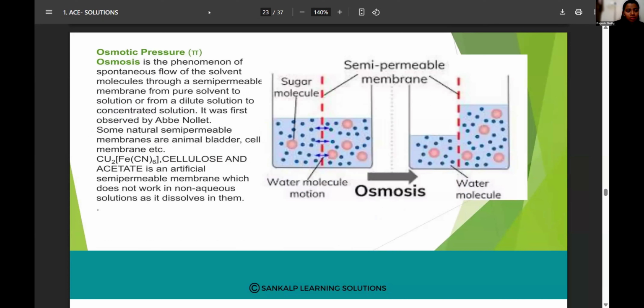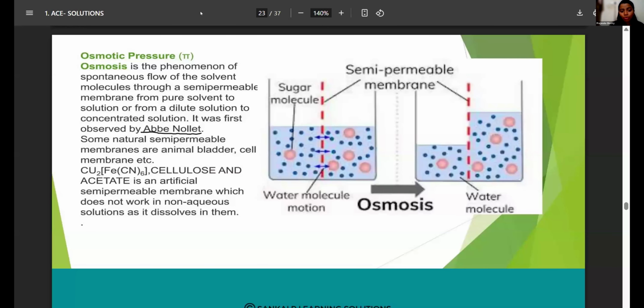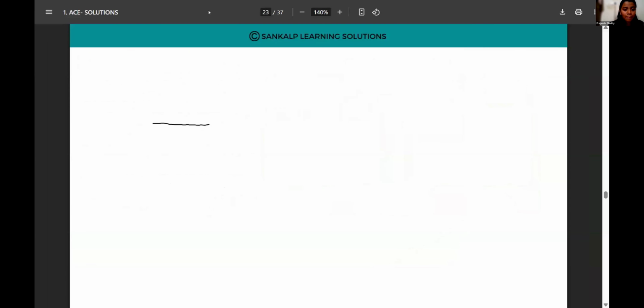And it was first found by Abbe Nollet, just see the name, it is not that important. As of now, I don't want to discuss the cell membranes and diffusions. Quickly, let me move on to the next one.